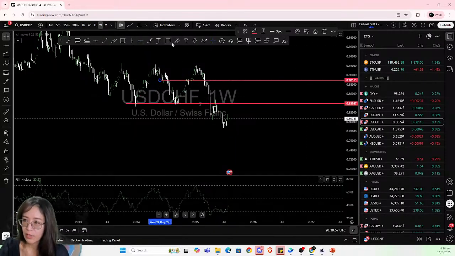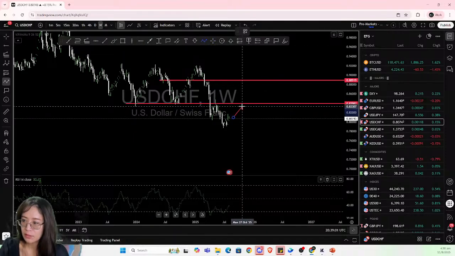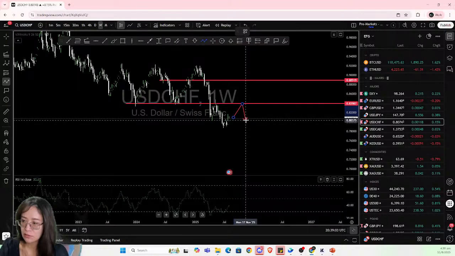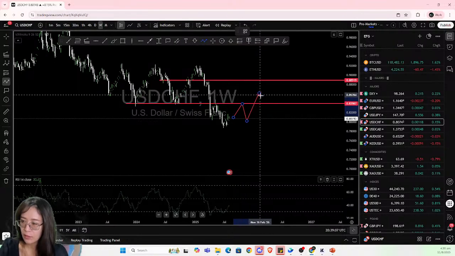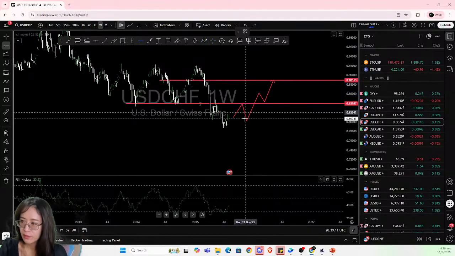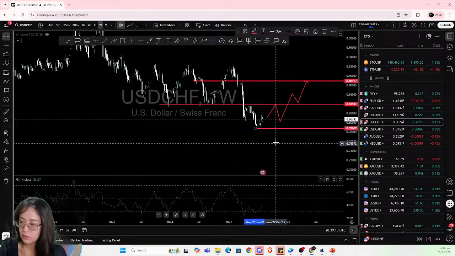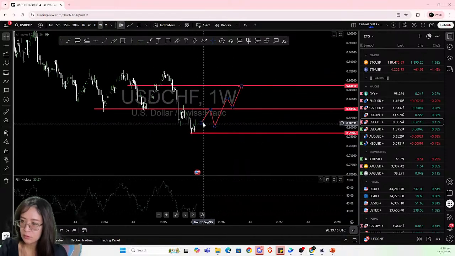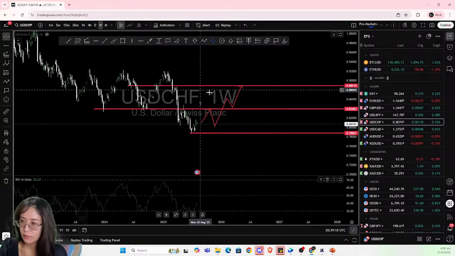So if price rises here, you see the rejection, we're going to sell somewhere around here, and then they will pull back, and then go to our next resistance level if price did not break below the swing low. They're going to do something like that for the weekly.